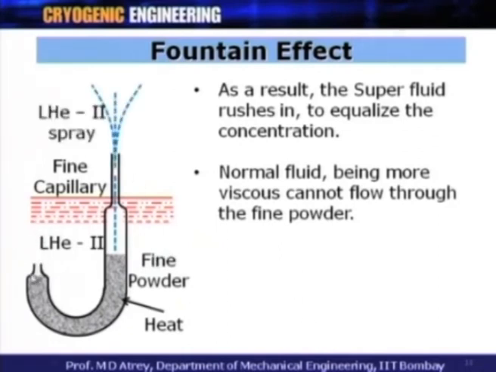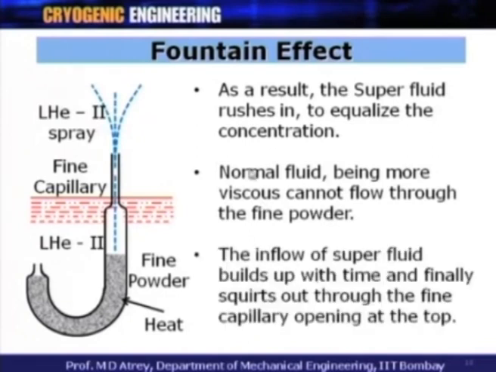It will build up a pressure, and slowly what you see is what is called the fountain effect. So, fountain effect is nothing but liquid helium 2 spray in this case. The inflow of this superfluid builds up with time and finally squirts out through this fine capillary opening at the top, because only liquid helium 2 can pass through this, and a fountain effect is being established here.